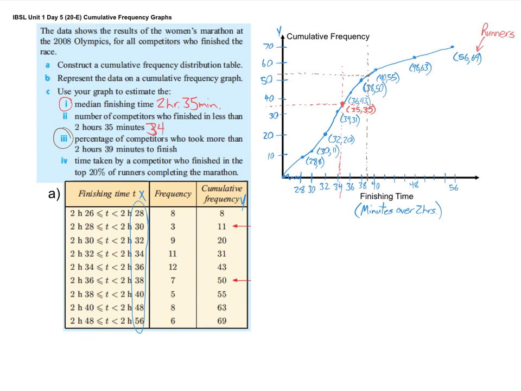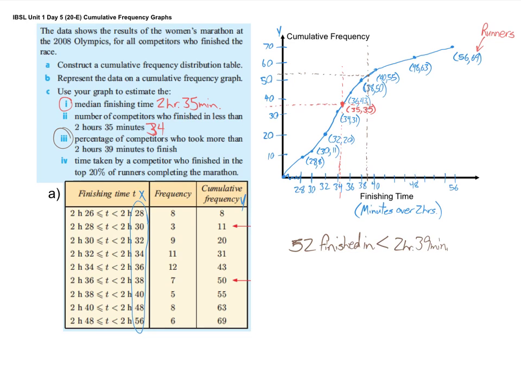And here's where we have to use a little bit of estimation, okay? Now, based on the other points that I have, I know it's going to be between 50 and 55, right? And it looks a little bit closer to 50 than to 55. So we could say maybe 52 are at that value or below, okay? So approximately 52 finished in less than, notice less than 2 hours 39 minutes.